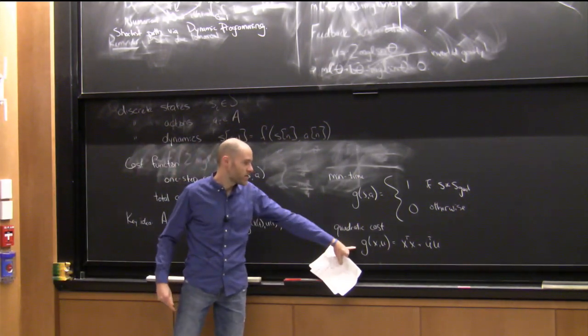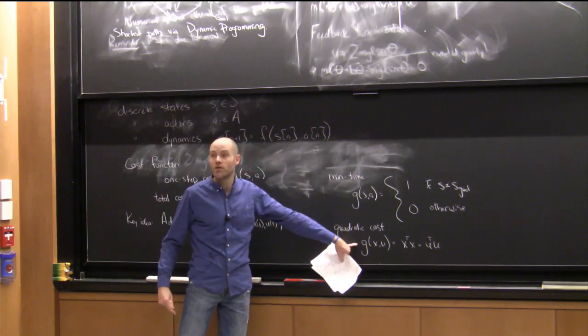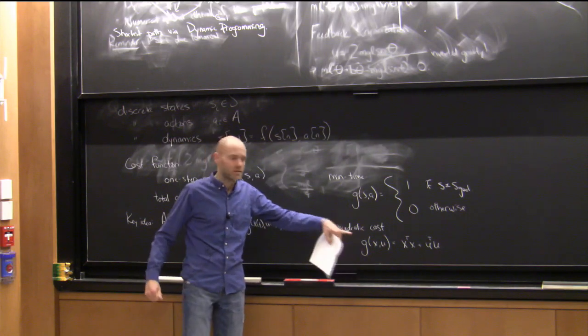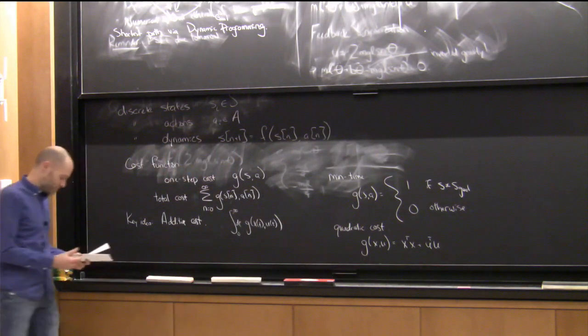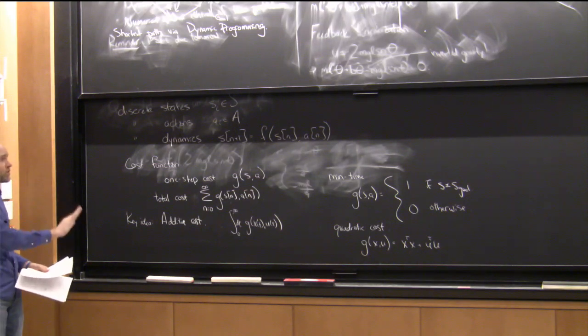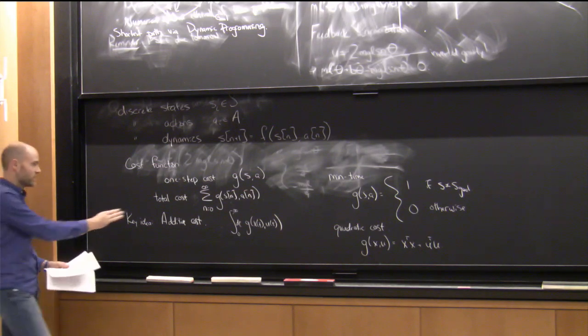Same thing with this. If I'm able to get to the goal and my control action is 0 at the goal, then my integral converges. But if the system is not controllable to the goal, then that's going to be unbounded. In these particular cases, everything's controllable, you can get to the goal, so this is okay.